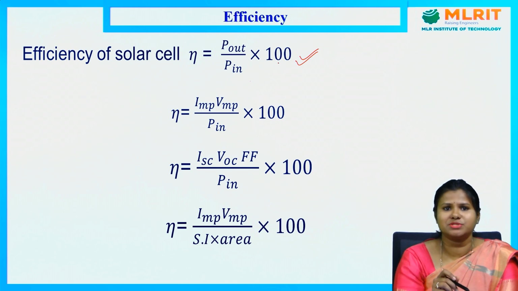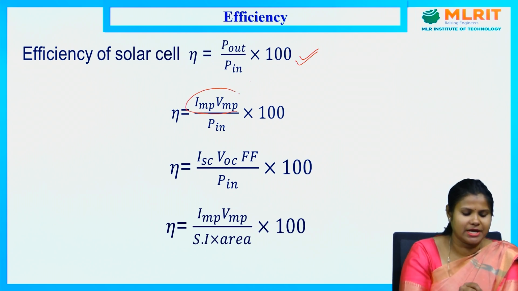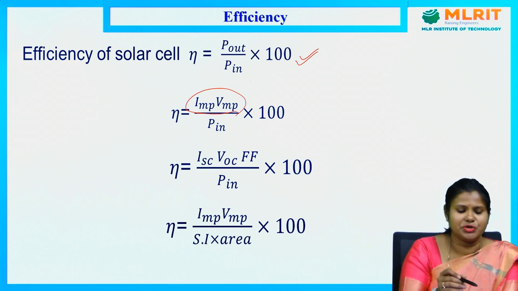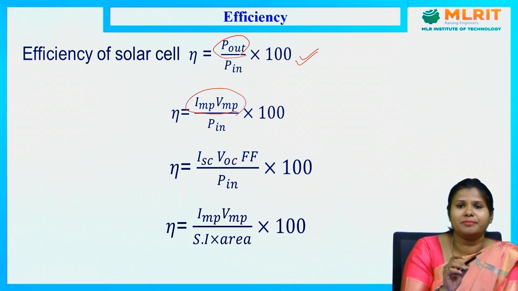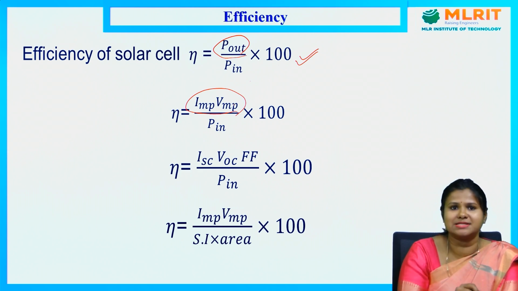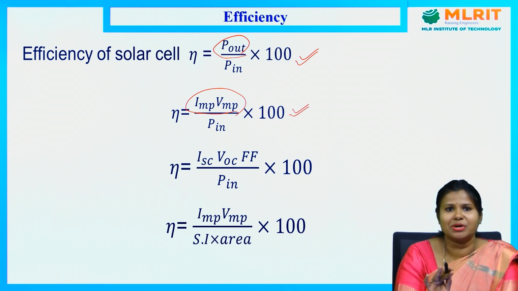Now in terms of VMP and IMP we can also represent the efficiency. As I told, the output power will be equal to the product of maximum power voltage and maximum power current. So we can replace it as IMP into VMP divided by P input, into 100. If the maximum power voltage, maximum power current and input power are given, we can find the efficiency of the solar cell.